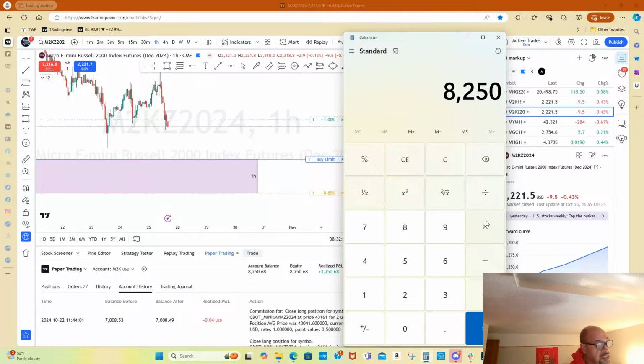82.50, the thing says 2%, 0.02. Oh, would it be 165? 82.50 times 0.02 is gonna be $165.